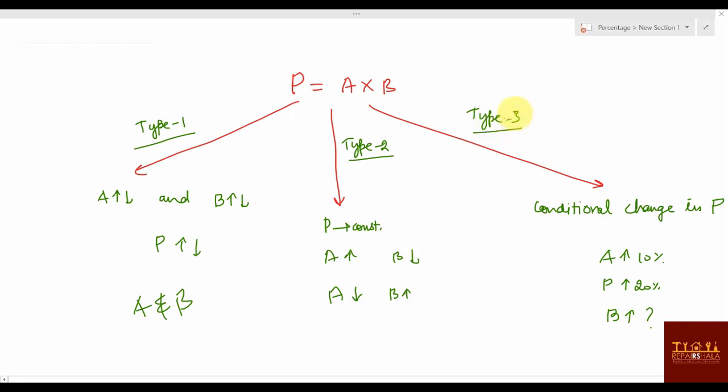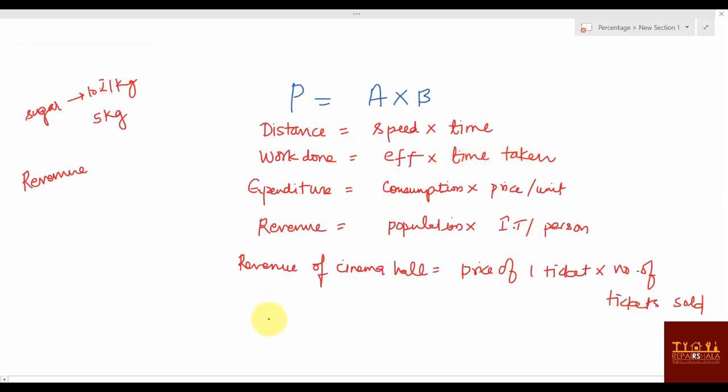So understand, I'm just going to tell you some. And here one more thing was there, I just forgot. Area also, with which we started. Area equal to length into breadth, right? Another thing is, suppose it is given something like this, that Z equal to A into B into C into D into E into F and so on.